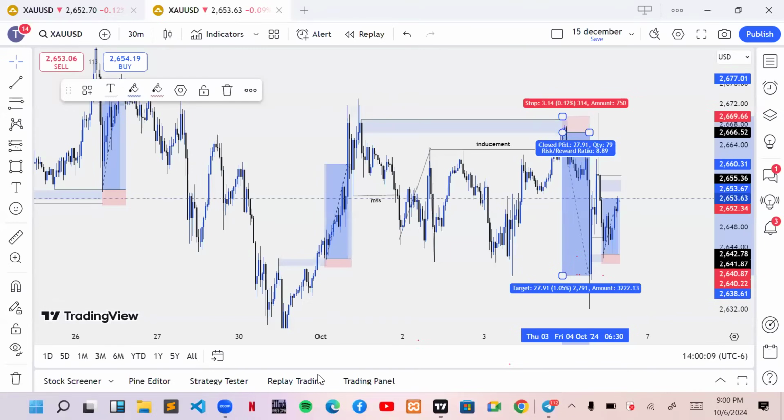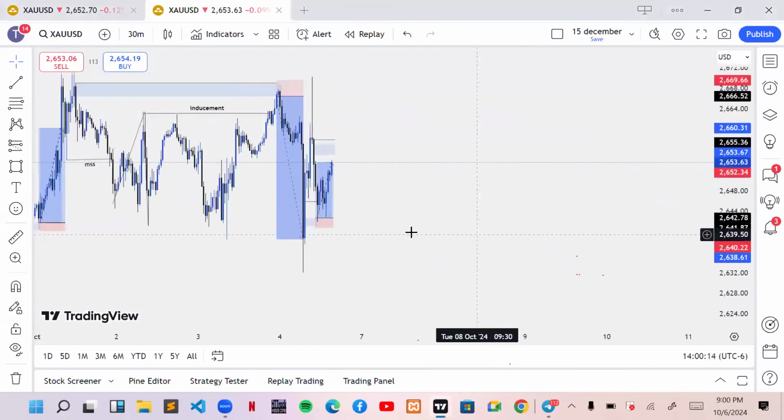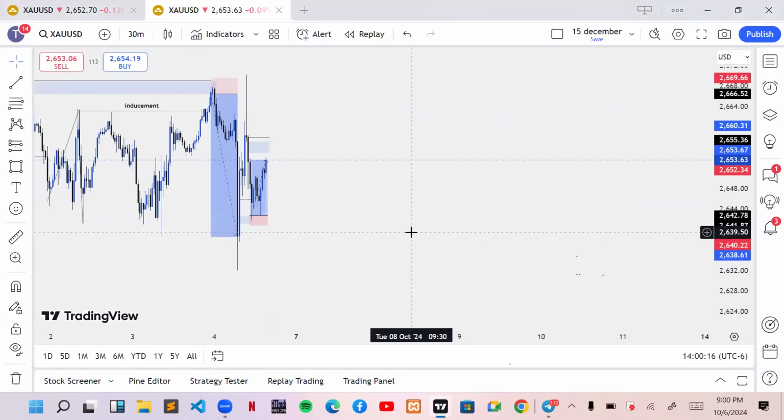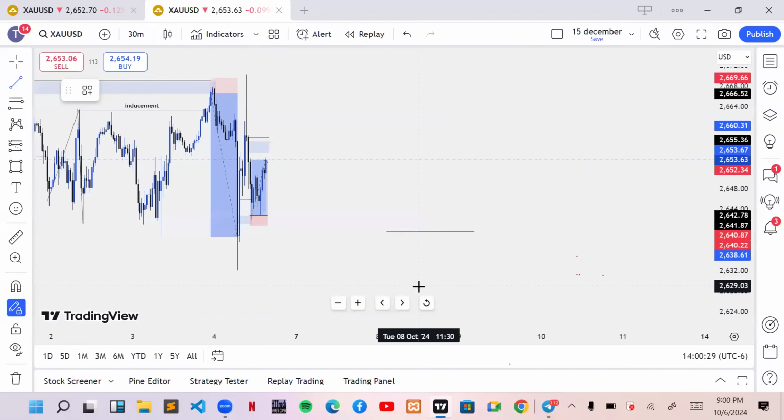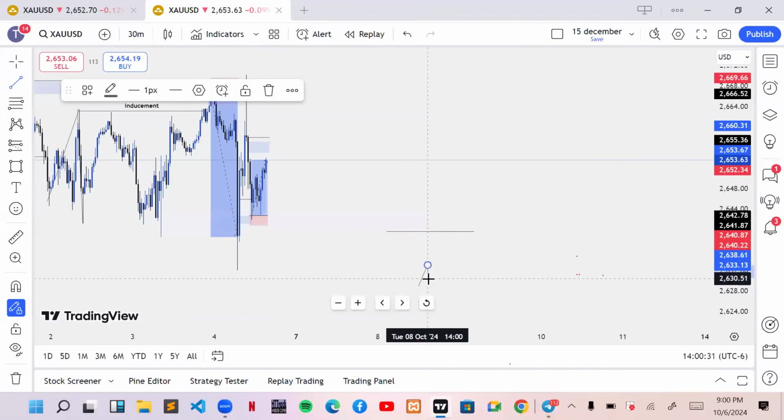How do you know a valid pullback after inducement? Like I said, a valid pullback needs to push market close to at least 50% or above of the last move. Let's say this is a resistance level, and the market was making higher highs and higher lows, then breaks this zone.